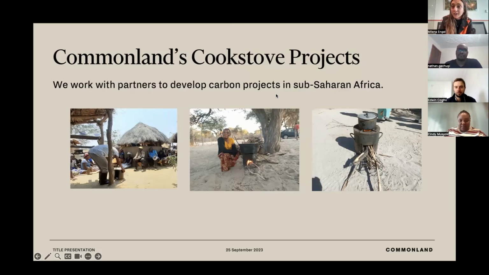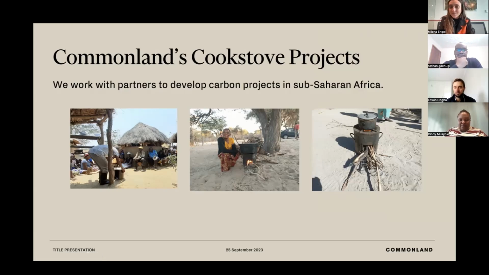What is very important is that these benefits are not for profit. They're given to communities for development projects, but we as Commonland don't get any profit from that. One such project, as you can see on this slide, is a Cookstove initiative that we are working on in Zambia. You can see here some pictures from the Zambia project.